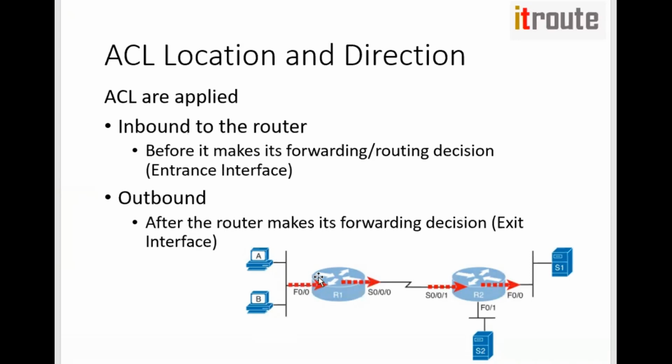You can filter the traffic from here. Filter means whether you want to allow or deny. From this router's point of view, when something comes inside the router, you can either allow or deny it. Remember, this is layer 3 packet filtering.